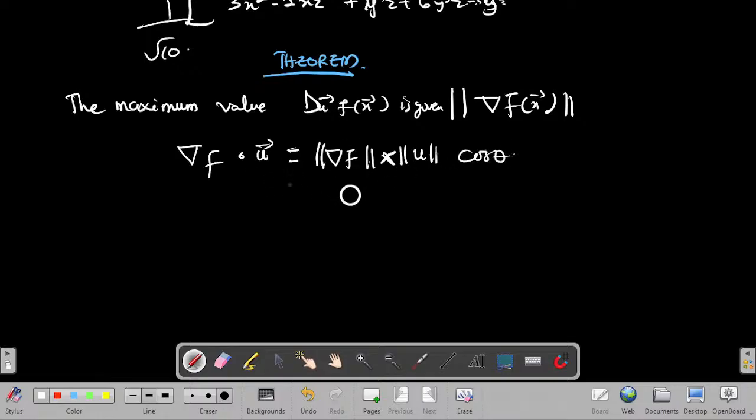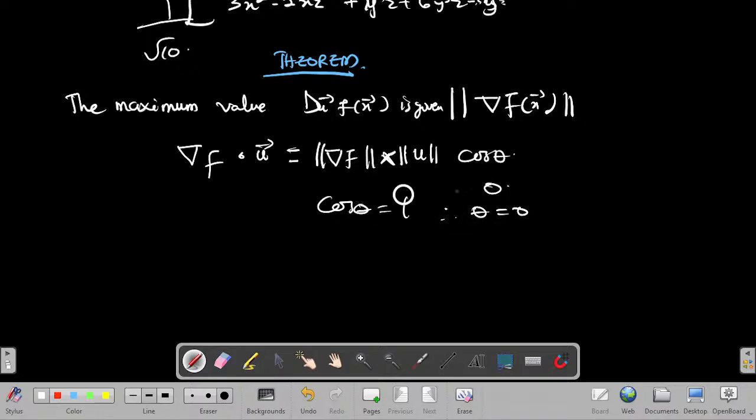Now, for us to find the maximum value of any of our directional derivatives, there's one thing that should happen. The angle here should be what? Zero. That's it. Therefore, cos theta should be what? One. So for the maximum value, cos theta should be equal to 1, therefore theta should be 0.